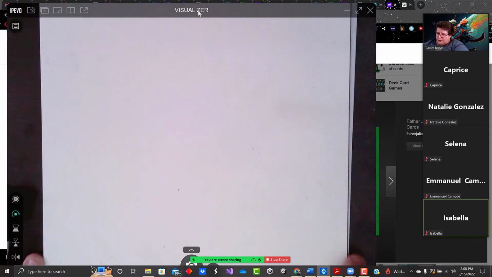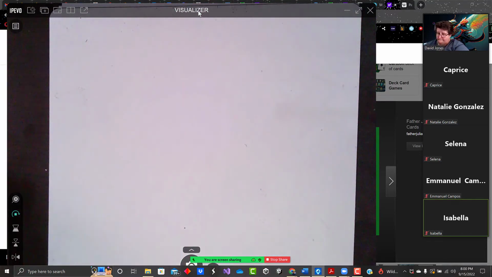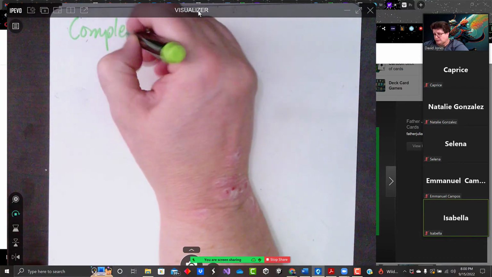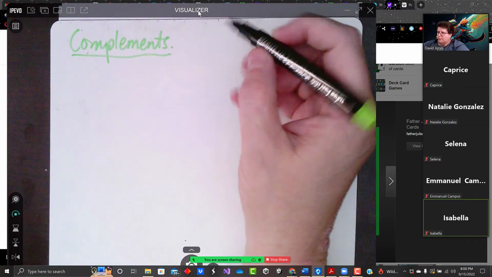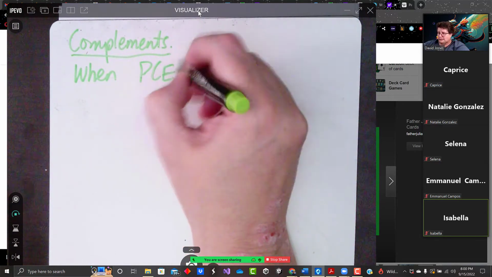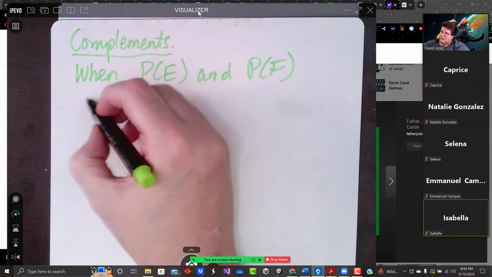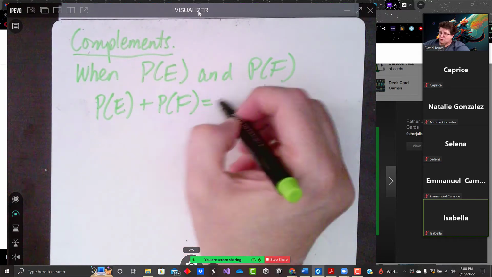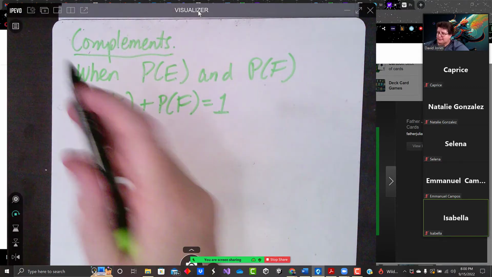A little bit more in 5.2. It's called complements. When the probability of 2 different events are such that probability of E plus probability of F equals 1, E and F are said to be complements.